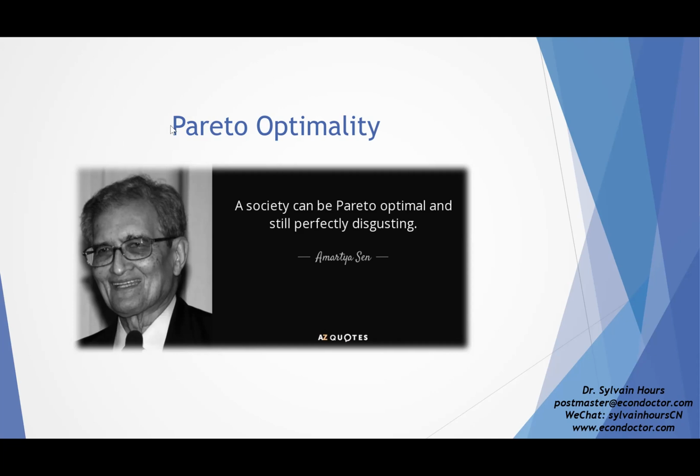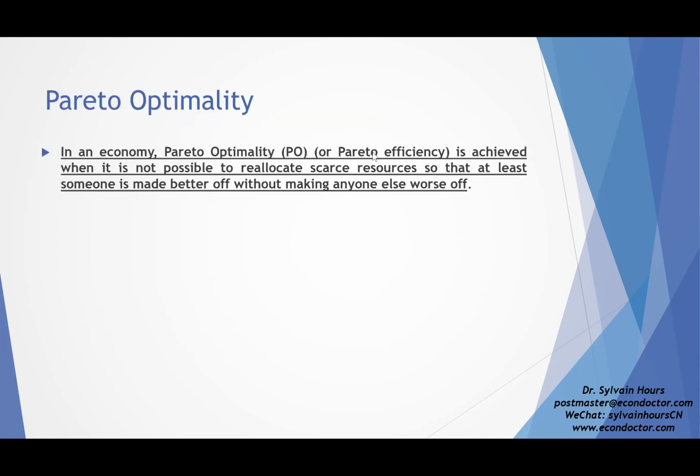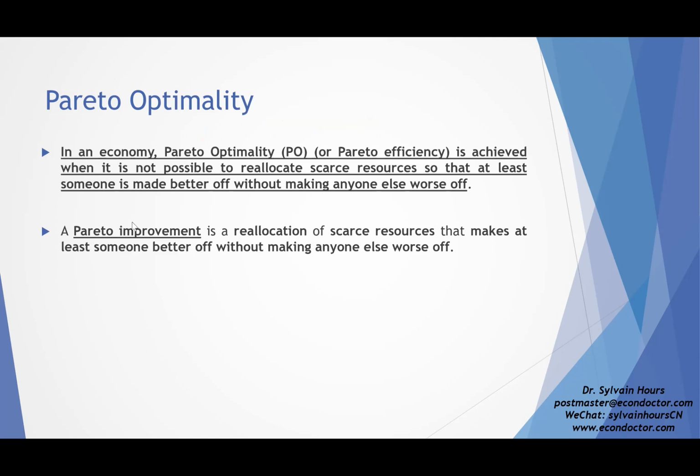They don't need to know much about Pareto optimality. They need to know the definition, easy. When it's not possible to reallocate the resources so that at least someone is made better off without making anyone else worse off. Okay, definition. You don't have to, but if you want, you can introduce them to the concept of Pareto improvement.